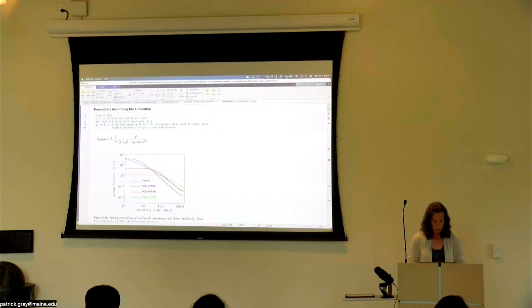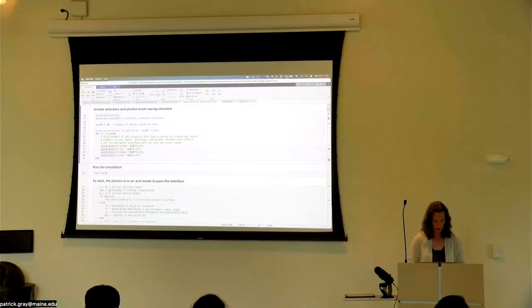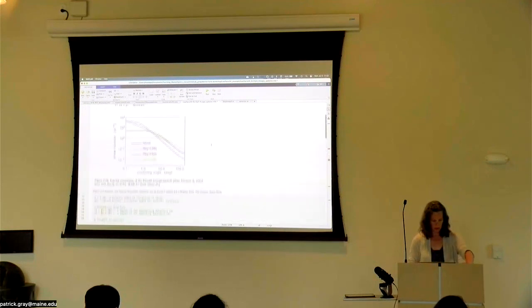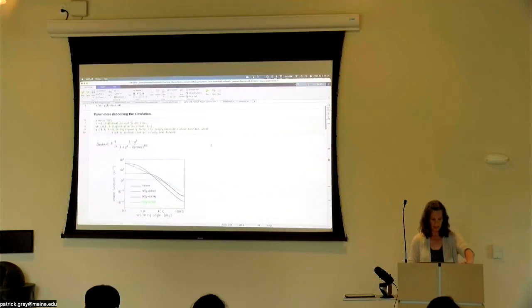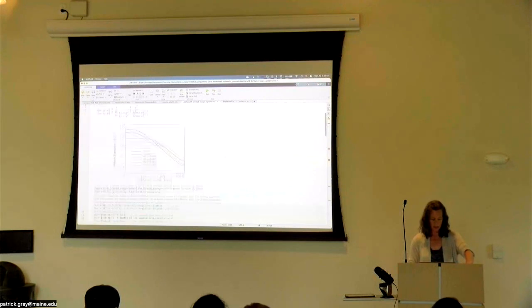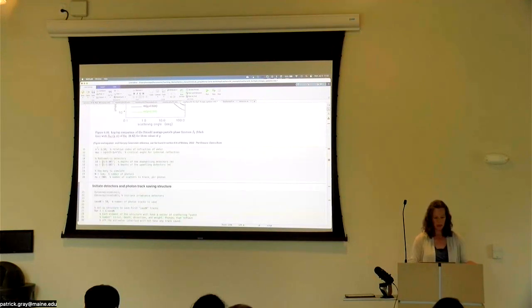So I've just run a bunch of stuff in the single section: the water IOPs, the parameterization of our phase function, also the relative index of refraction of water, and the critical angle for internal reflection.